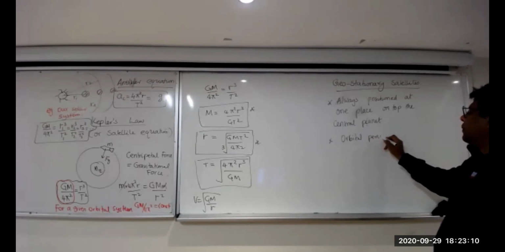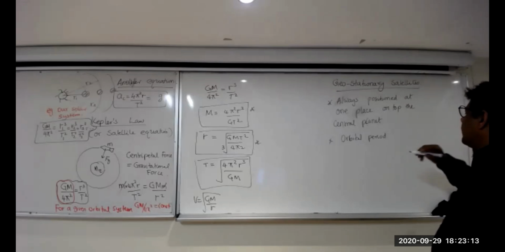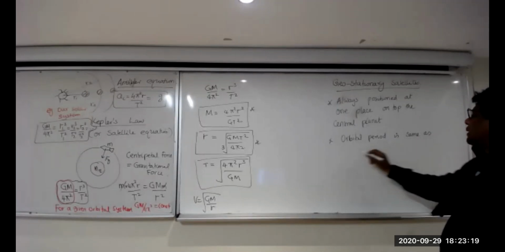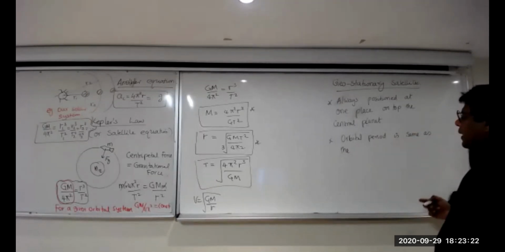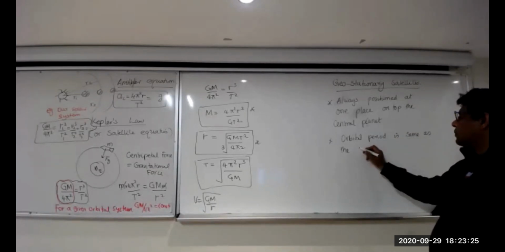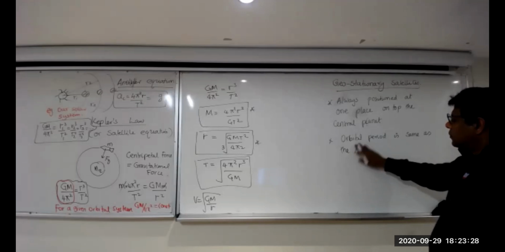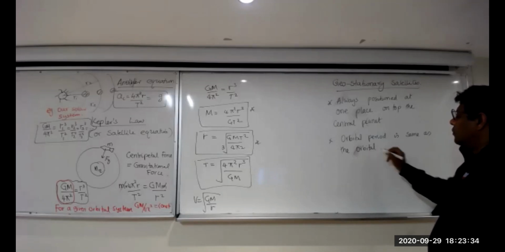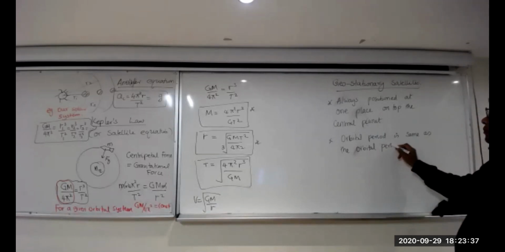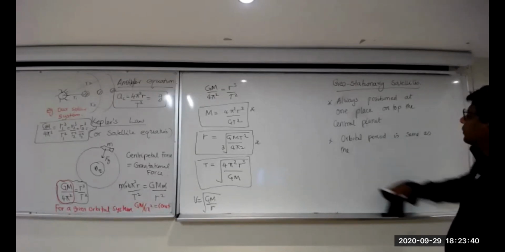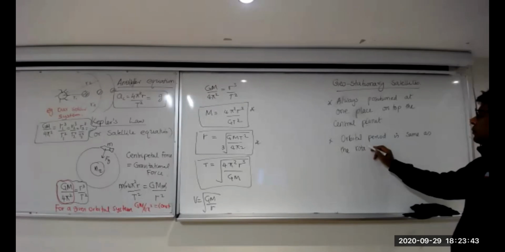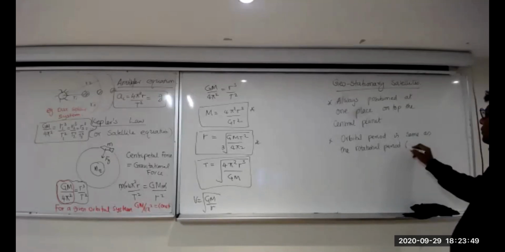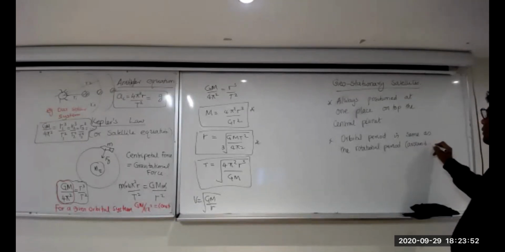The orbital period, the way that you're keeping at the same position, is because the orbital period is the same as the rotational period of that central planet around its own axis.